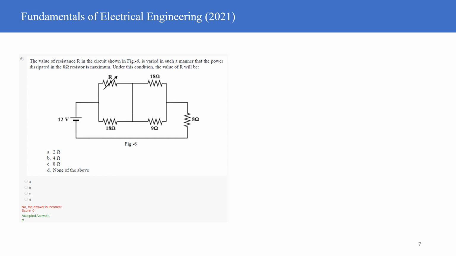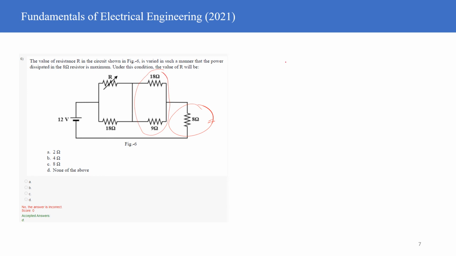So the value of resistance R in the circuit is varied in such a manner that the dissipation in the 8 ohm resistance is maximum. So the dissipation in 8 ohm has to be maximum, right? This is what it is saying. Let me reduce the circuit before I proceed. These two are in parallel, right?